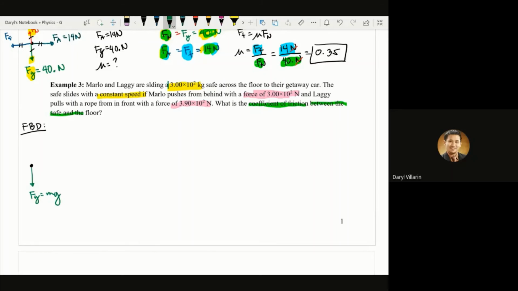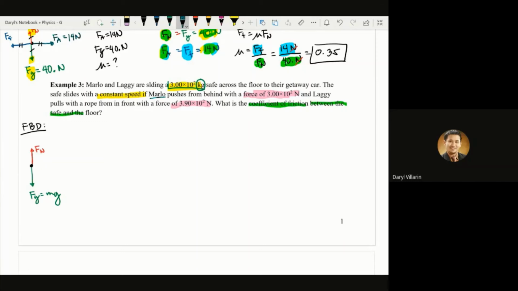In this particular case, this is mass because of the unit kilogram. And then I have a normal force. And then, let's say, for example, this is moving to the right. So that must be the direction of the applied force. In this case, there are two applied forces.